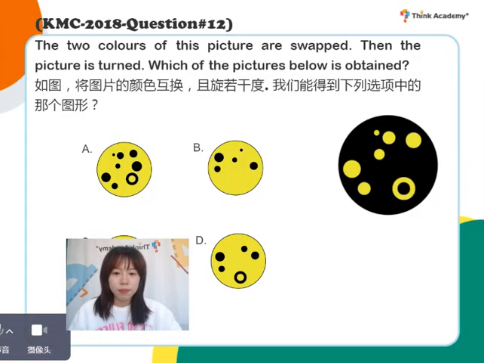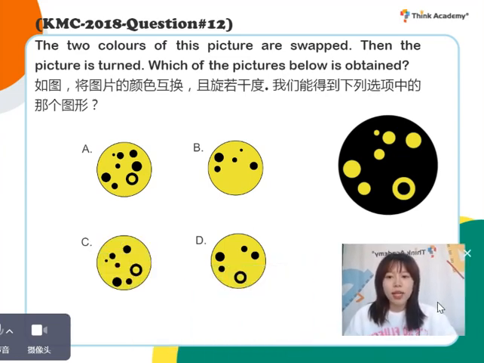Okay, the last one. The two colors of this picture are swapped. Do you know what that means? Our colors are swapped. Let me explain a little bit. That means in this picture we have a dark place, we have black color, and we also have yellow. So the yellow part is going to be black, and the black part is going to be yellow.